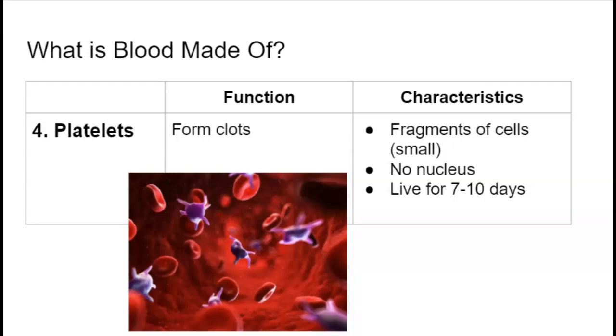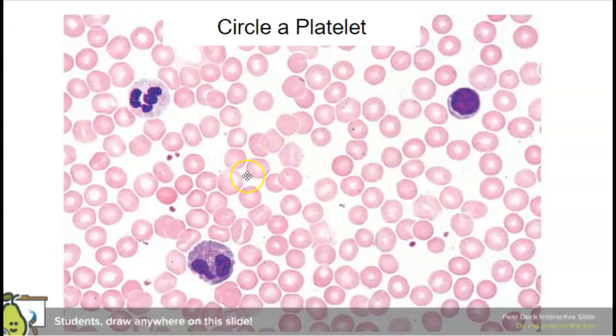If we take a look at which ones are the most common, let's take a look at this picture. Red blood cells are going to be the most common. Platelets are the little tiny specks we see in here. And then we have white blood cells.